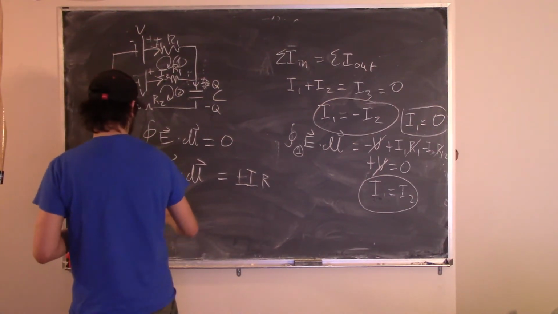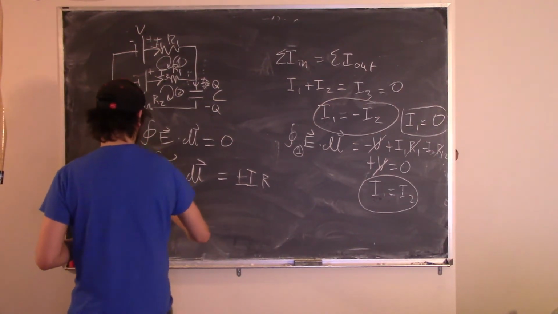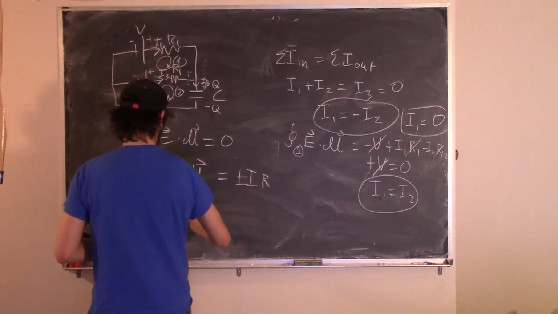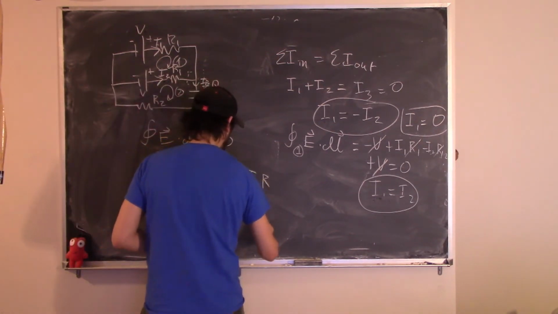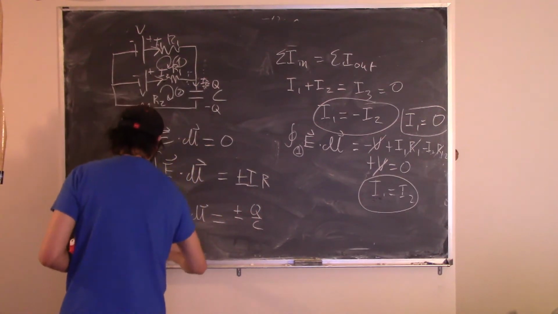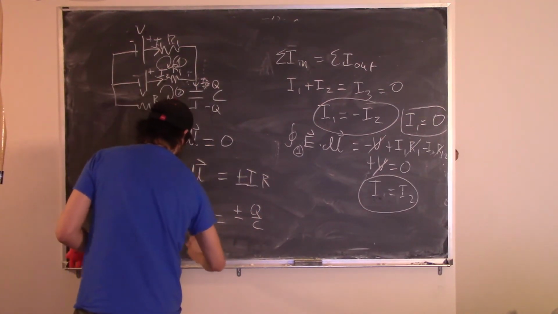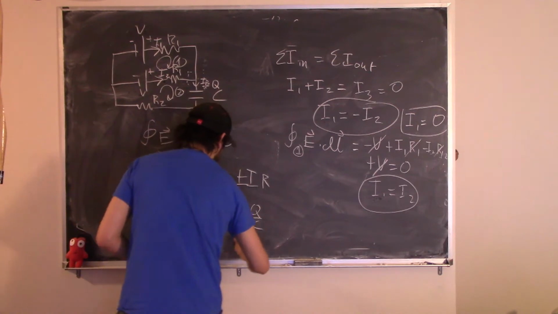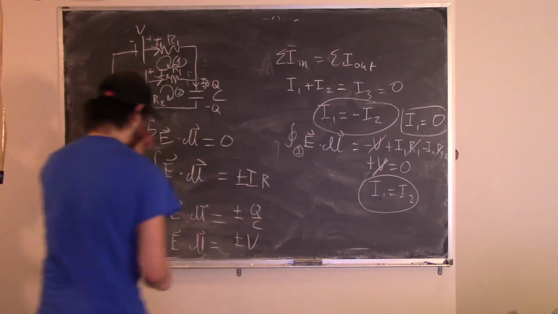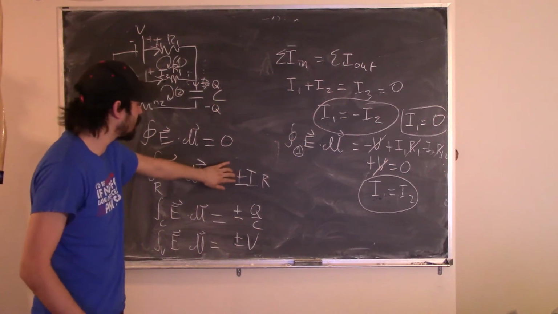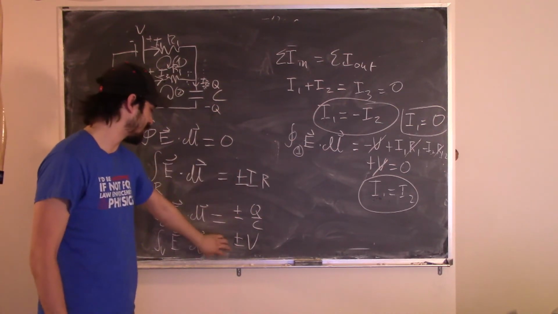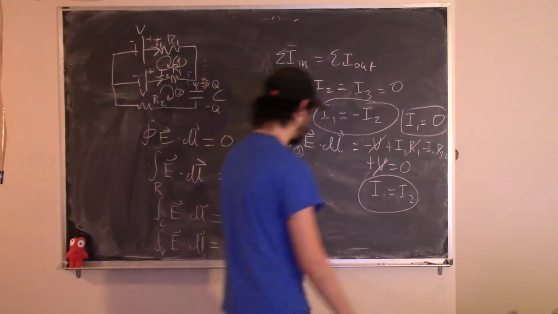The integral over the capacitor of E dot dl is either going to be plus or minus Q over C, and the integral over the battery of E dot dl is either going to be plus or minus V. The real question is, when is each of these positive, and when is it negative?